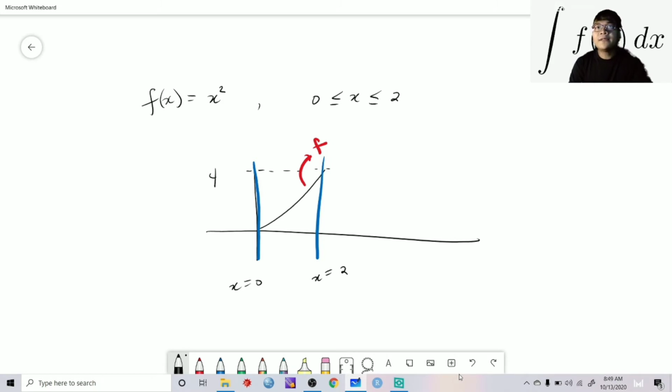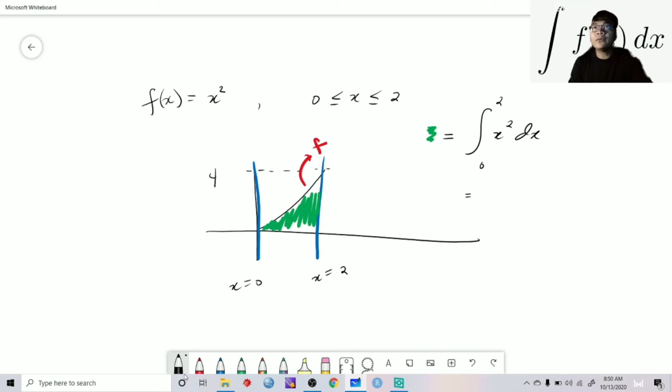Now, the first thing we need to compute is this green area. The green area can be computed by getting the definite integral from 0 to 2 of the function x squared dx.